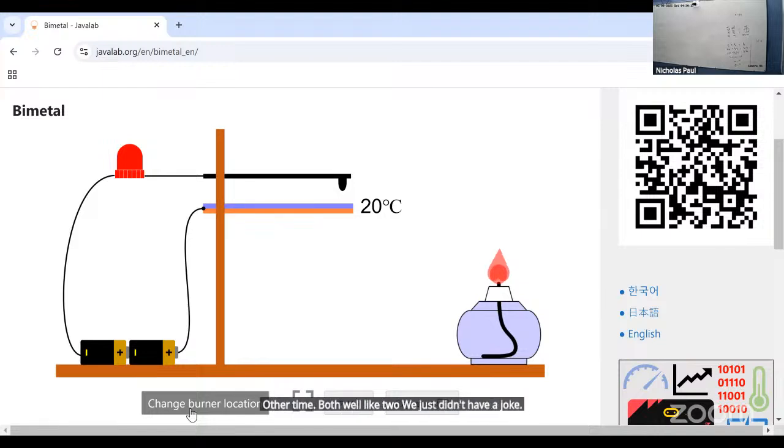Where else? In a smoke alarm. As the smoke or the fire goes up, what will happen? The bimetallic strip will turn on the circuit. So it can be used in a fire alarm, and something that some of you always use.